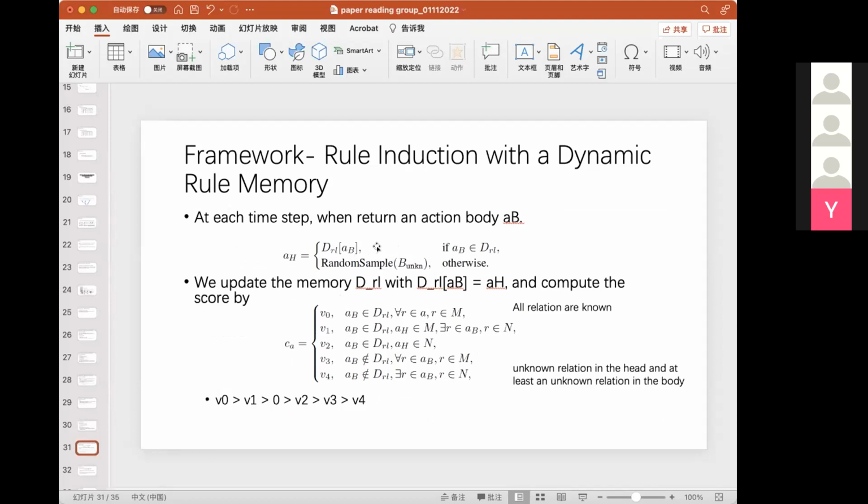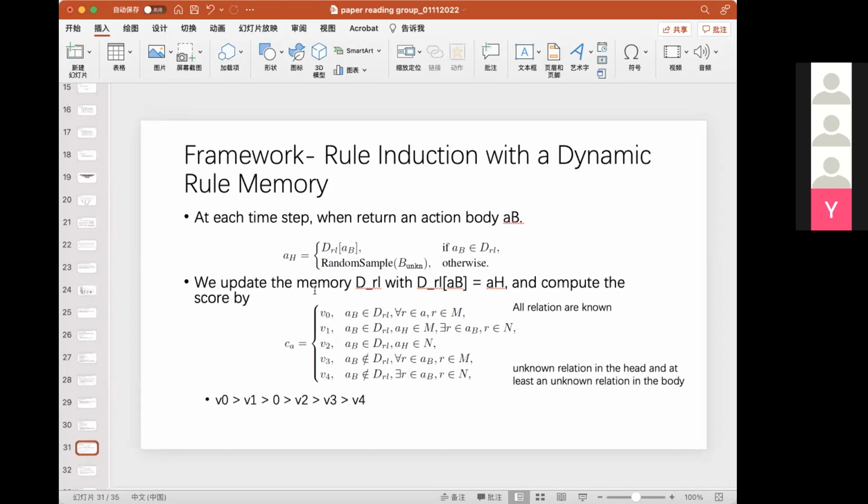If the dynamic rule memory model has already stored the head relation, then it will return the head relation. If this action body didn't appear in the dynamic rule memory model, then it will randomly sample an unknown relation to represent the head relation.